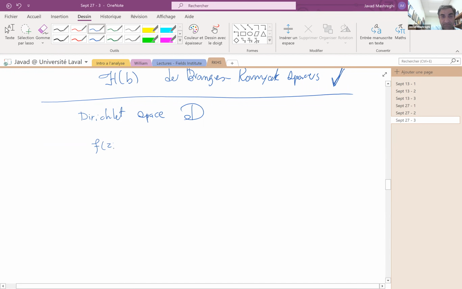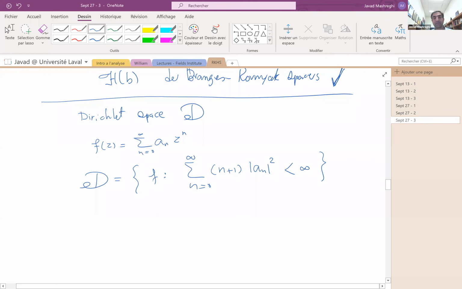If f is given by the formula sum of a_n z^n, the Dirichlet space D is the collection of functions f such that the sum from n equals 0 to infinity of (n or n plus 1, it really doesn't matter) times |a_n| squared is finite. So here we have a weight, and this makes the whole theory different.